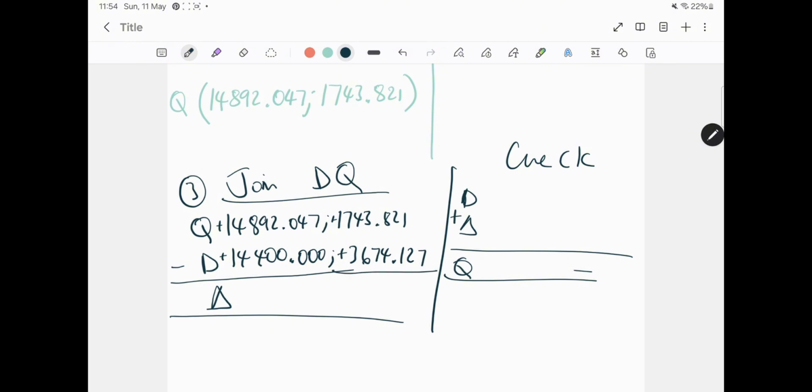So when we are doing the join, 14,892,047 minus 14,400,000, we're getting a positive 492,047. Then 1743,821 minus 3674,127, here we're getting negative 1930,306.